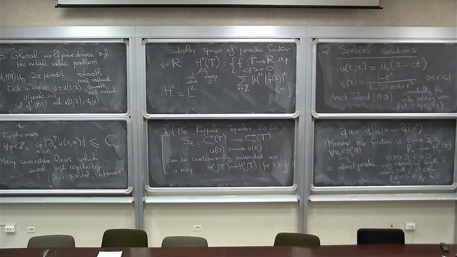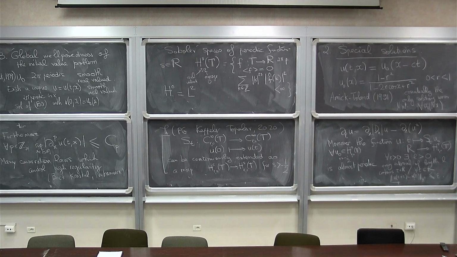For instance, if you look at the evolution PDE with constant coefficients, you can apply the Fourier transform in the x variable and you get just an ODE on Fourier coefficients. So I claim that there are such tools also for this equation, but of course the Fourier transform is not the same. It's a nonlinear one.